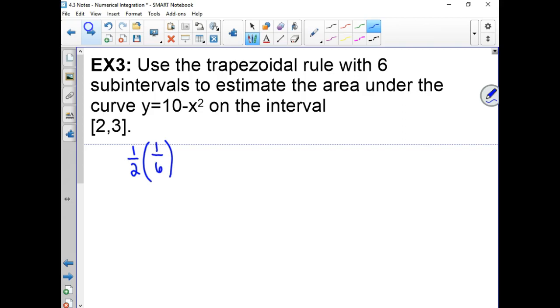So that's going to go here. 1/2 and 1/6 is going to be the same for every trapezoid. Then, what I'm going to do is I'm going to take y equals 10 minus x squared, and I need to plug in each interval. Now here, this might be a little bit tougher, so I need to think about what my intervals will look like.